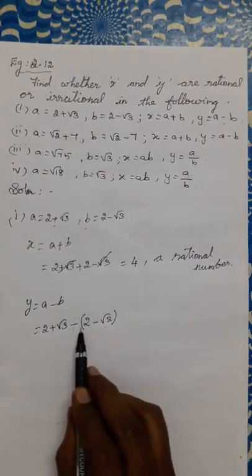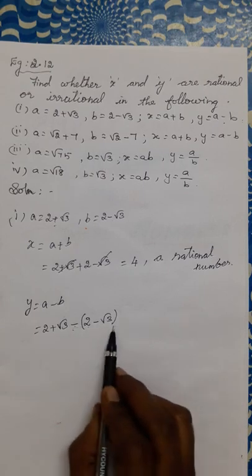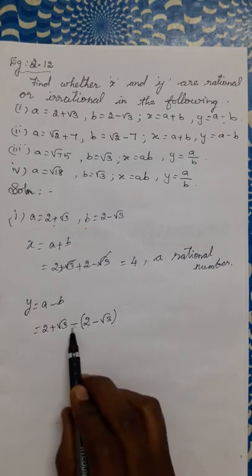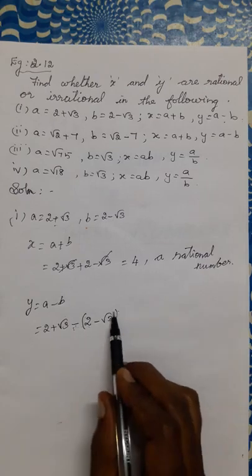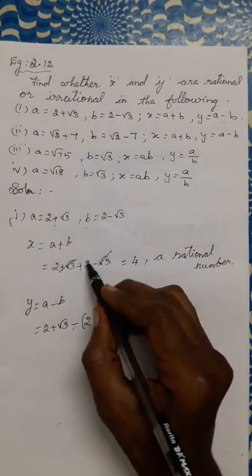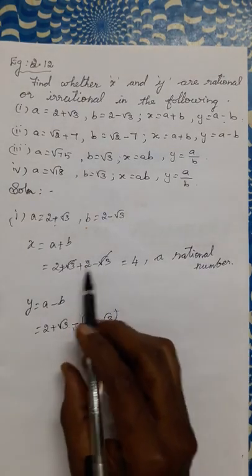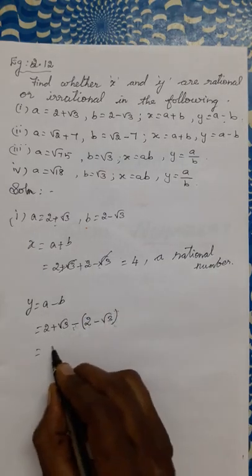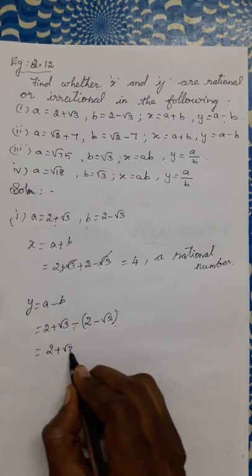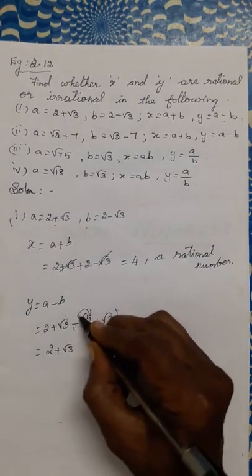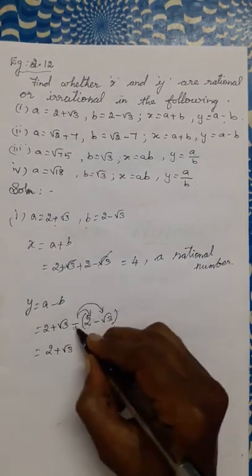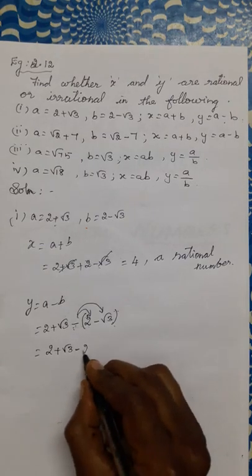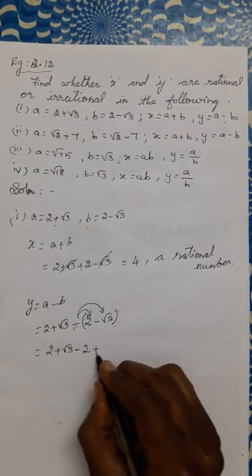This minus is common for these two terms, so we have to write the bracket. Next step, 2 plus root 3, minus multiplied inside: minus into plus is minus 2, minus into minus is plus root 3.